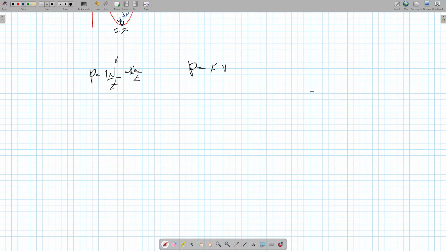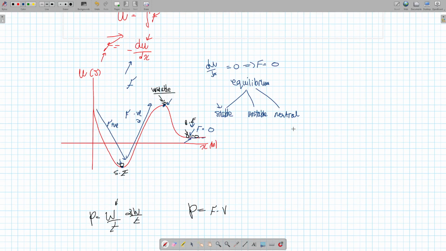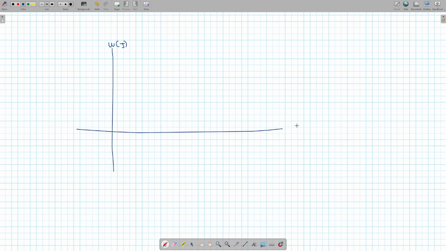One thing I forgot to mention was the mechanical energy graph. Same thing as before, you have U in joules, and here it was x in meters. And you draw your graph over here. Let's say this is U, and it goes maybe from 80 down to negative 40.